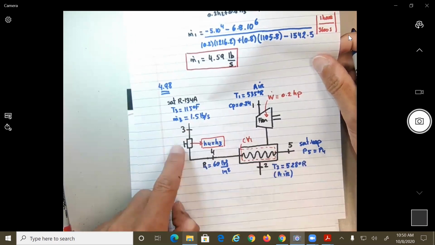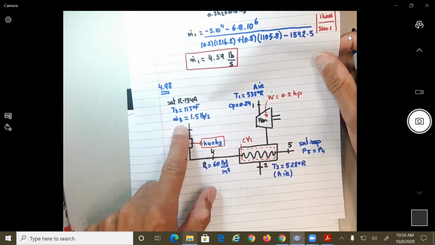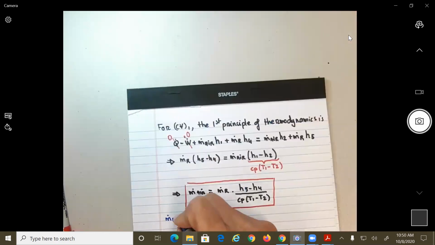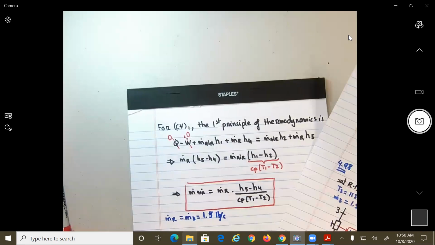So the mass flow of the refrigerant is really going to be equal to M3. Let's say this will be 1.5 lb per second. So M refrigerant will be M3, 1.5 pounds per second. So that's good. We have this value.